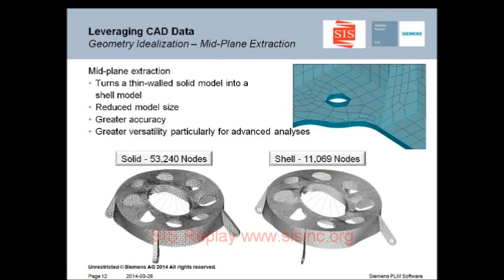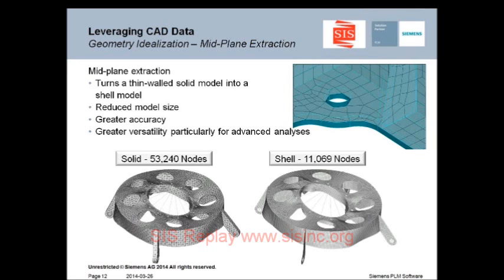So we're talking about things like mid-plane extraction. If you have thin-walled solids, you can see that if you try and mesh those with solid elements, you're going to quickly create huge models. A much more efficient approach, and potentially just as accurate or even more accurate, would be to extract the mid-planes from the thin-walled solids and then mesh those with two-dimensional elements like shells.